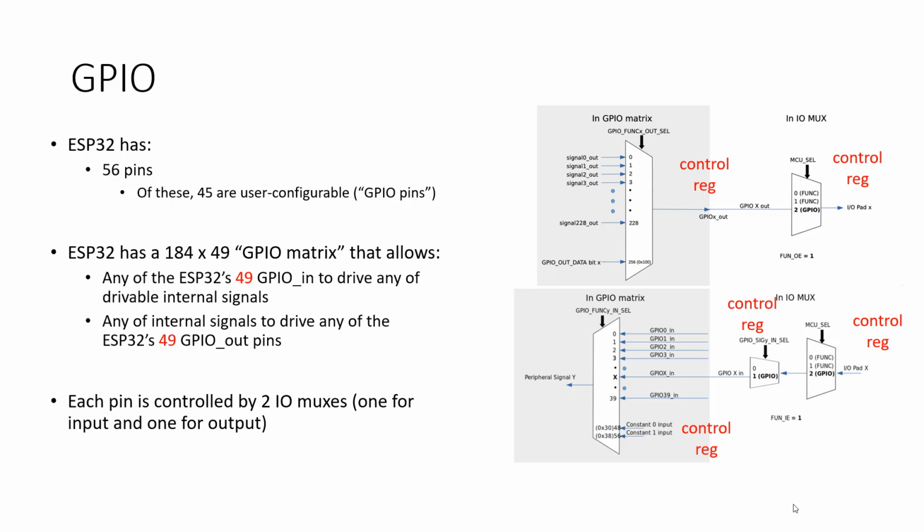And the way you do that is through a GPIO matrix and an IO mux. I don't know if you guys remember this, but the GPIO matrix is, there's one of these for every pin. So basically, all 45 pins have a multiplexer.